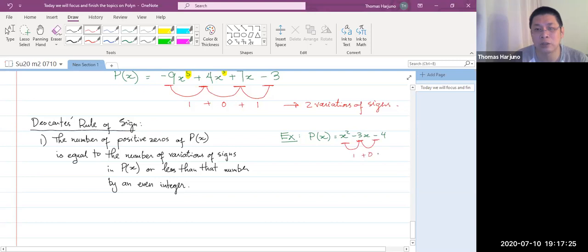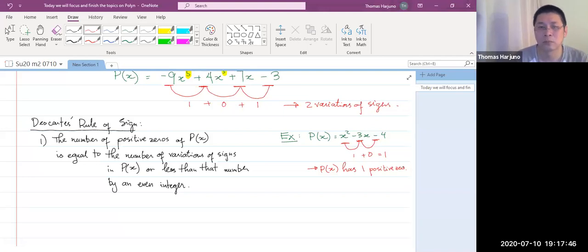So it changed one time. So P(x) has one positive zero. Okay, that's what this Descartes rule of signs says.